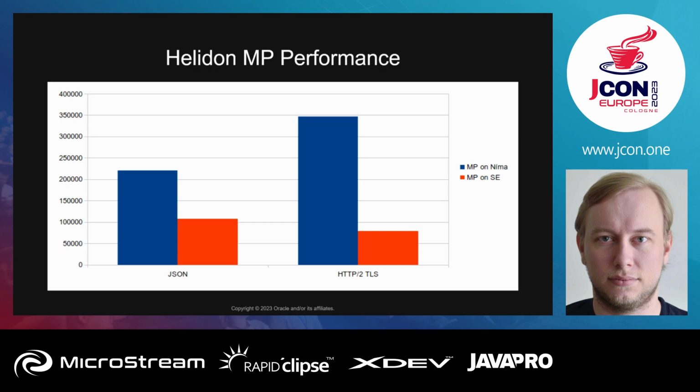And the second example, or the performance measurement here, is when we used HTTP2 with TLS. With Helidon SE, or better to say maybe with Helidon MP, we have managed to quadruple the performance of the server, and that's pretty good.